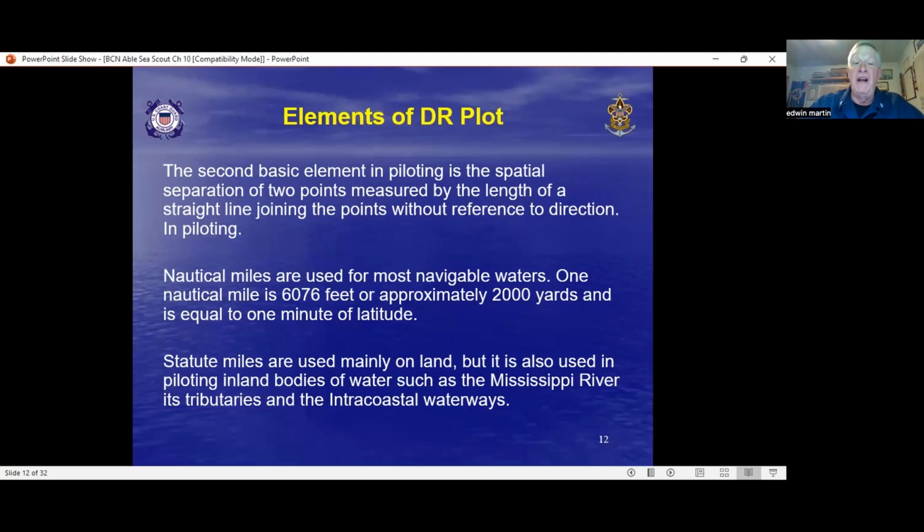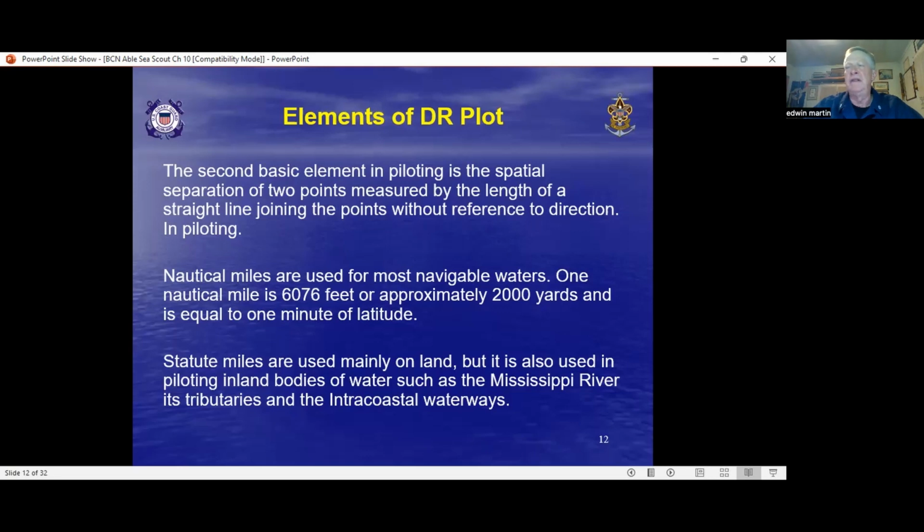The second basic element is the line, the separation of 2 points. As we said before, point A, point B, point C, and so on and so forth. Where are you going? Nautical miles are used for all the navigable waters in the United States.